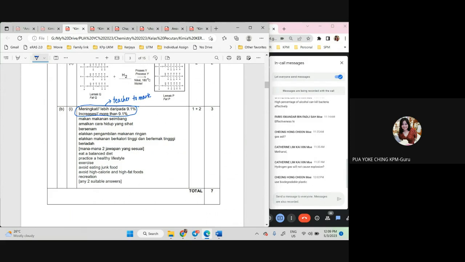Cikgu untuk menanda. So, maksudnya jawapan dia very lenient. Asalkan you tulis lebih daripada 9.1 dia terima. You write 7.2. You write 10. Semua dia terima. But it must be in value. Mesti dalam bentuk nilai.